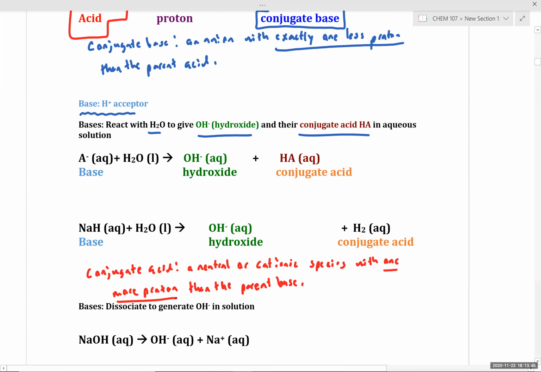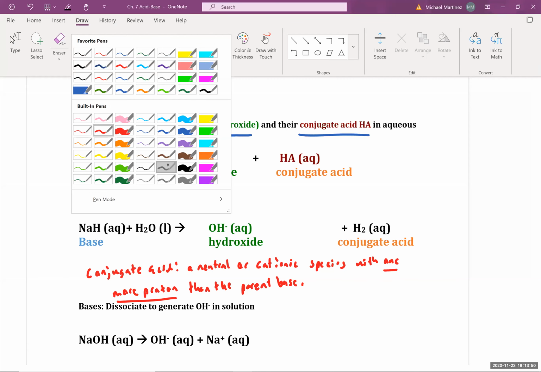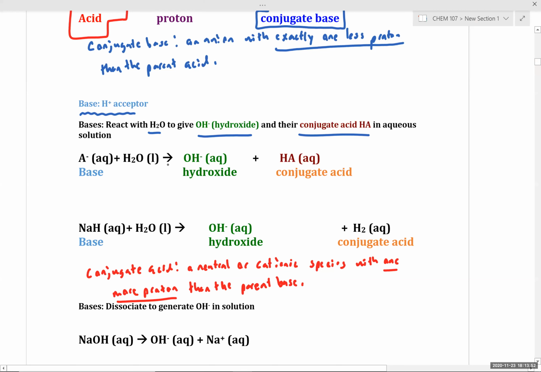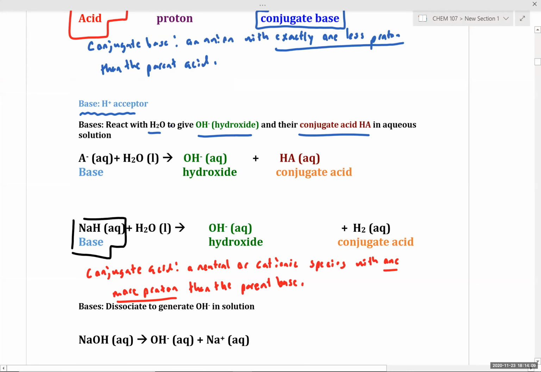So here's a pretty interesting example, and this is one of the potential reasons why sodium hydride can potentially light on fire when you place it in water. So would someone like to identify in sodium hydride, what is the basic species? What is our anionic species in sodium hydride? What is the anion in sodium hydride?